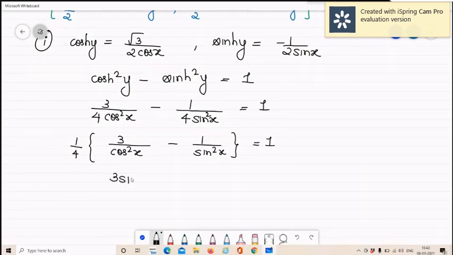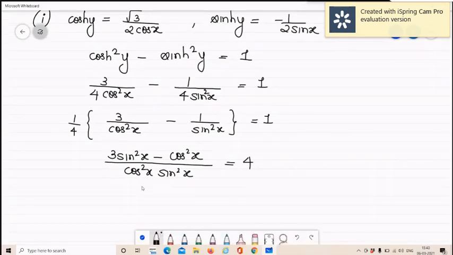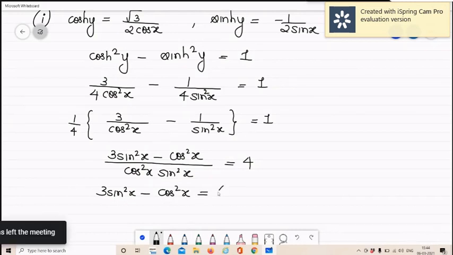So this will be 3 into sine square x minus cos square x divided by cos square x into sine square x equal to 4, because that 4 I took on the other side. And now the denominator cos square x and sine square x I am also taking to the other side. So what are we getting? 3 into sine square x minus cos square x is equal to 4 into cos square x into sine square x.